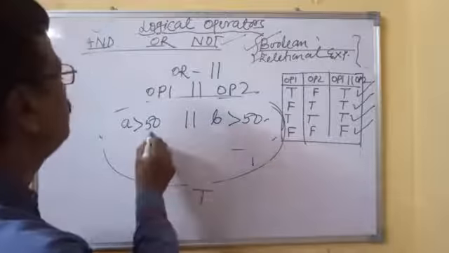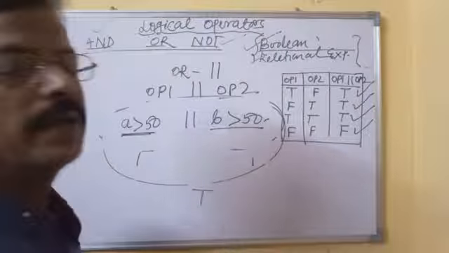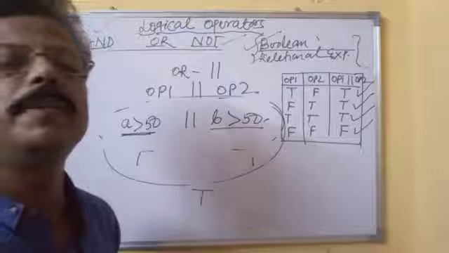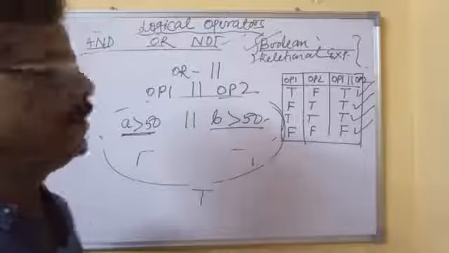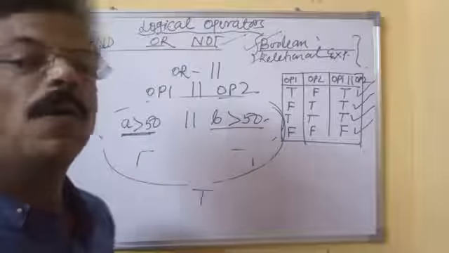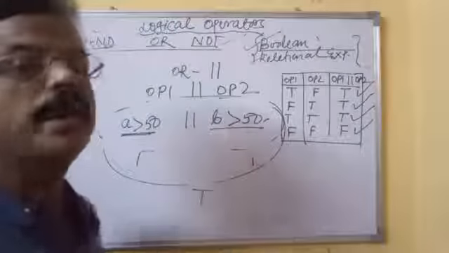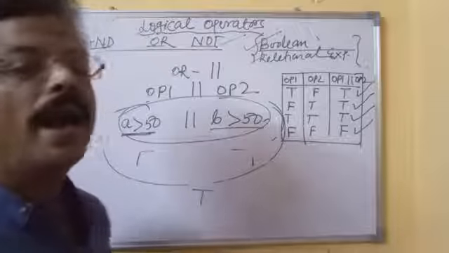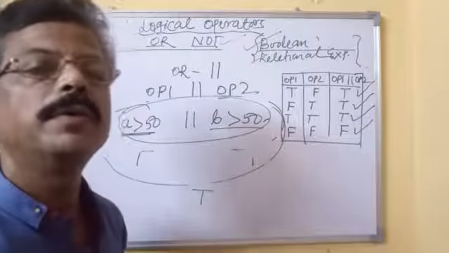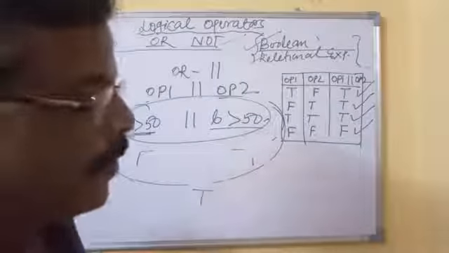You will provide the value of A and the value of B. First of all, you have to supply the values of A and B. Thereafter, you give this condition to the computer: if the A value is greater than 50 or the B value is greater than 50. Among these two, if any one is satisfied, then the whole answer becomes true, and it will work according to true. This is about the OR operator.